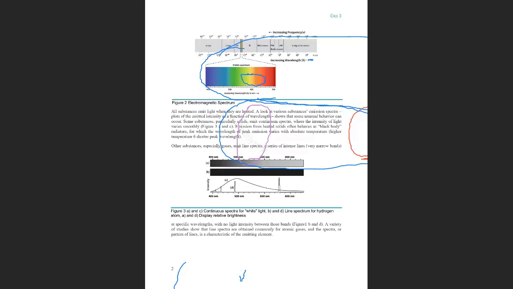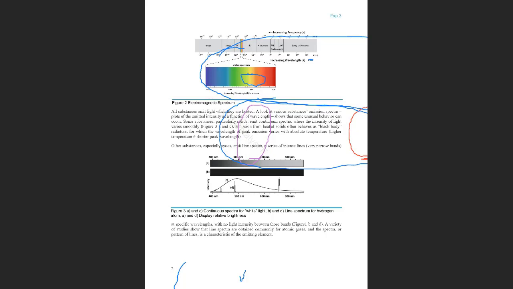And the line spectra that we see here in D is more common in atomic gases, and the spectra is characteristic of each emitting element. So each element will have a different spectra, which is great because it will help us identify the element.